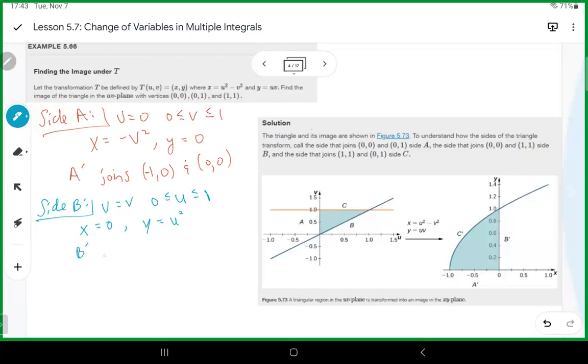Then B prime joins, and C prime makes the upper half of the parabolic arc.